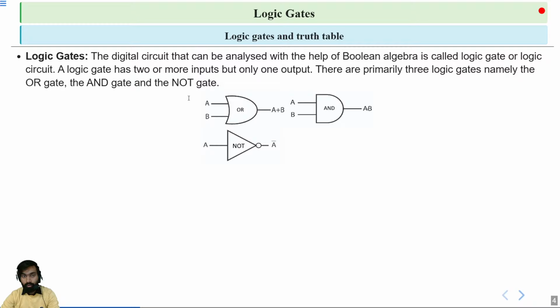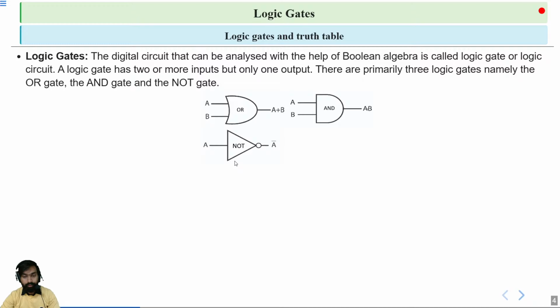This is the symbol of the OR gate: output is 1 if any input is 1. For the AND gate, output is 1 only if all inputs are 1. And the NOT gate is a single input gate that outputs the complement or negation of the input.